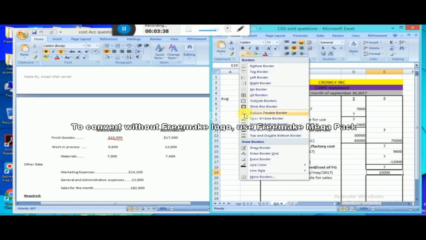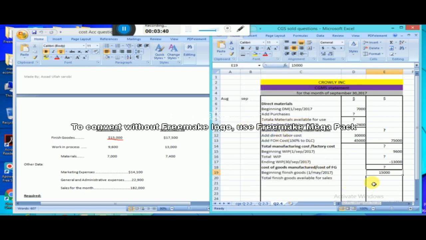Automatically we will sell out the finished goods. So for the sales, how much finished goods are available? Again, unknown. Why unknown? Because unknown is the current month production, the cost of goods manufactured, and 15,000 is of the previous month's remaining finished goods. When we add both of these, the answer will be unknown because the current month production is unknown.